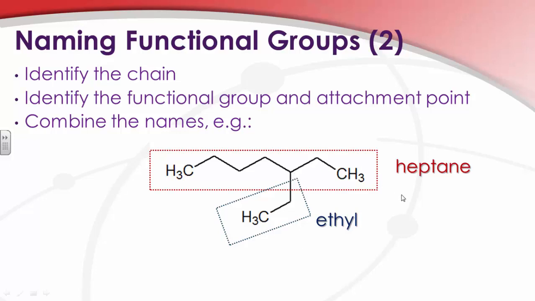So instead of labeling that as the 5th carbon, it's the 3rd carbon, right? 1, 2, 3, yes. So we say that the ethyl group is attached to the 3rd carbon. And so this compound is 3-ethylheptane.